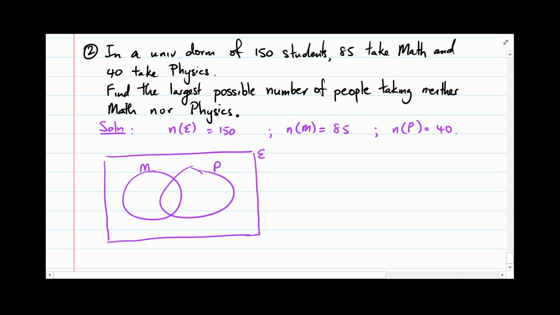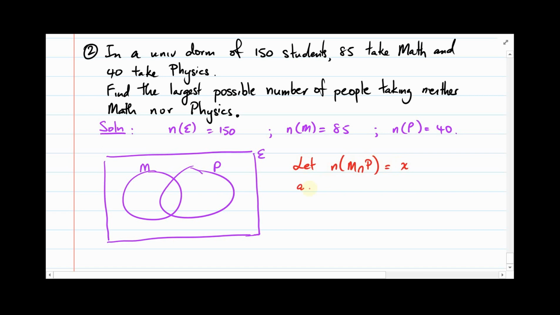Now, unlike before, we weren't told anything about those persons who do both subjects, and now in some miraculous way we are supposed to find out about people who take neither subject. So before we start, we can say let the number of persons who do both subjects, math and physics, equal x.